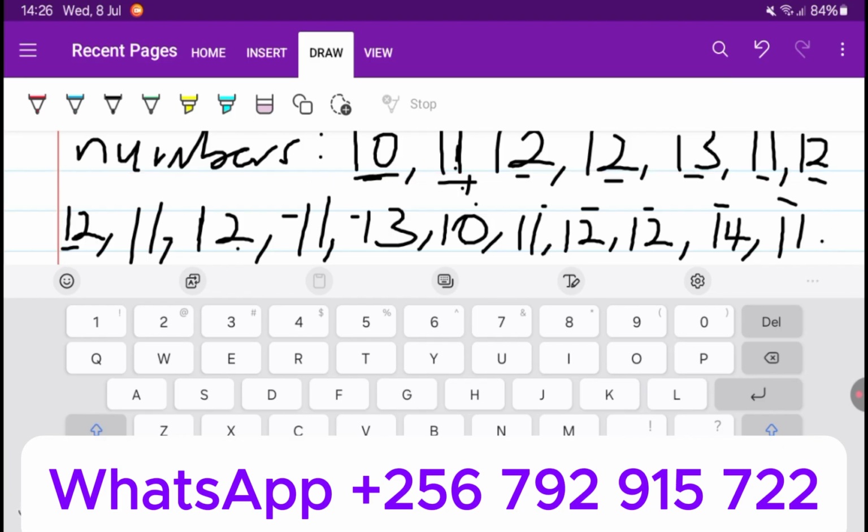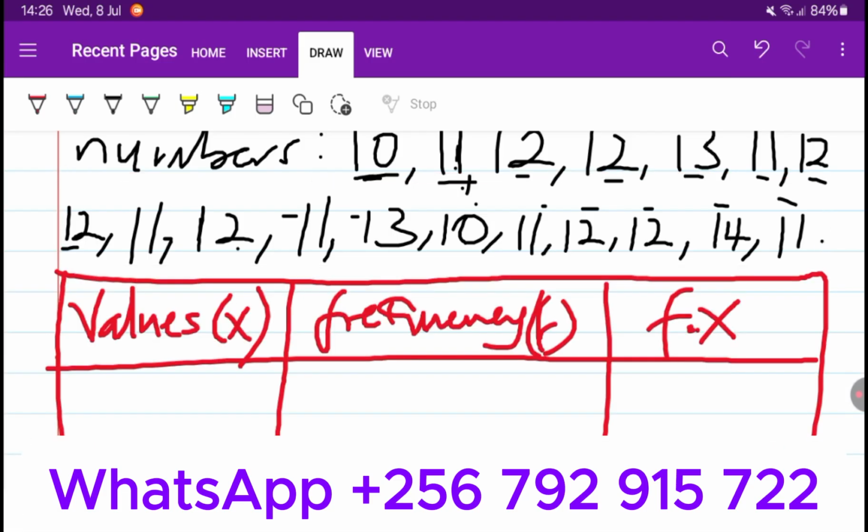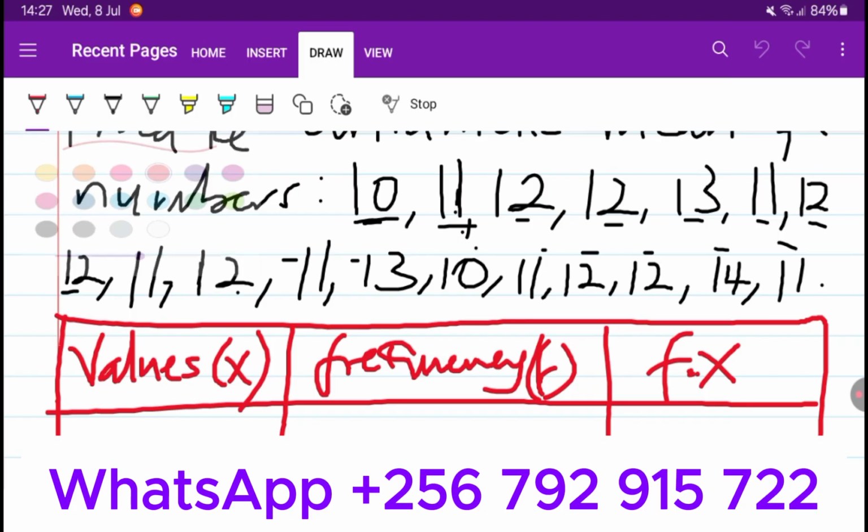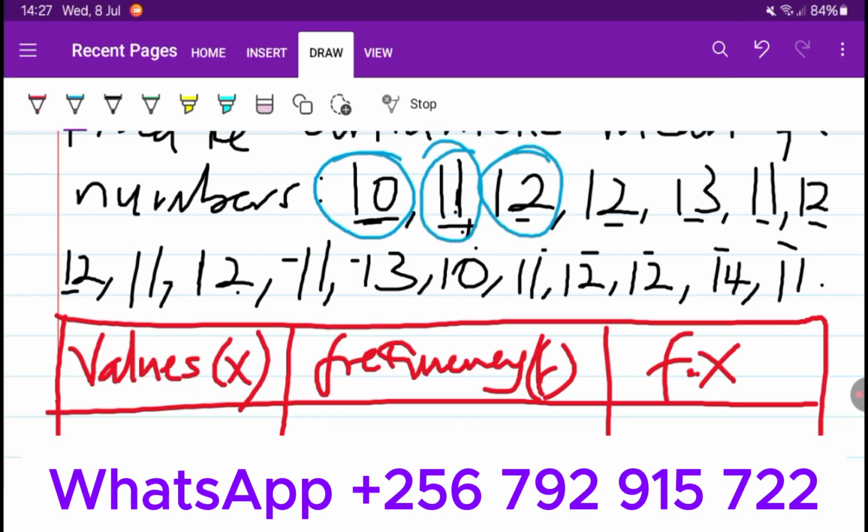These are the values that are repeating themselves. So we pick out those values 10, 11, 12, 13, and 14. Then for the rest, we get their frequencies, or the number of times they appear. We write those values in our x column.